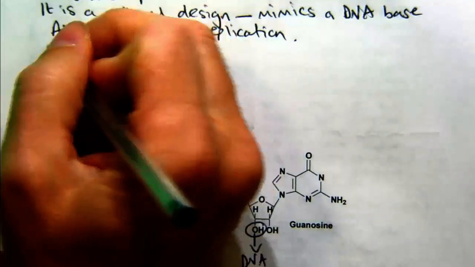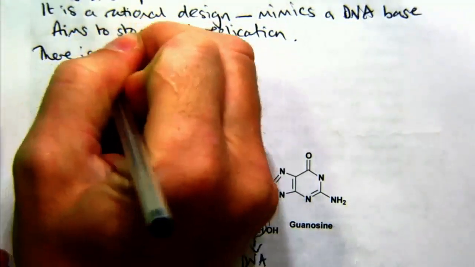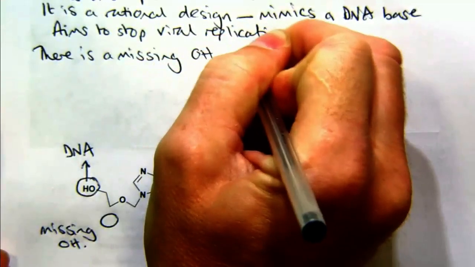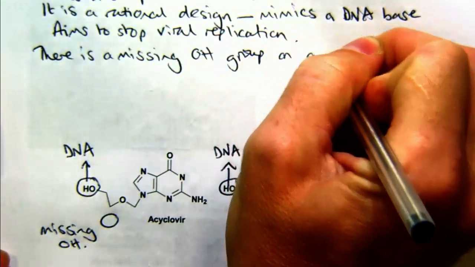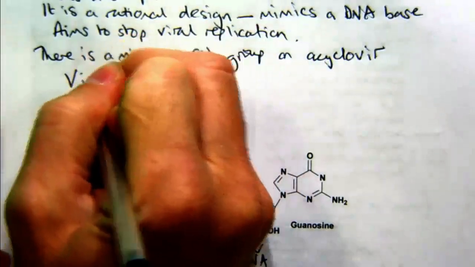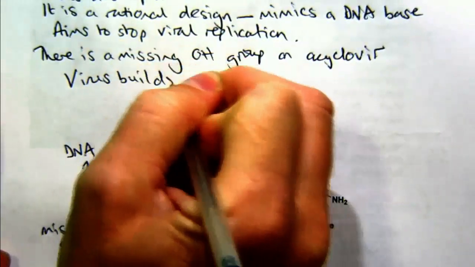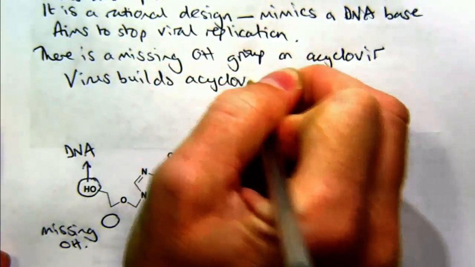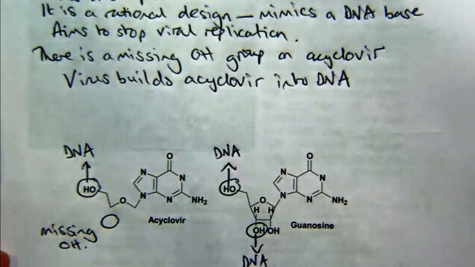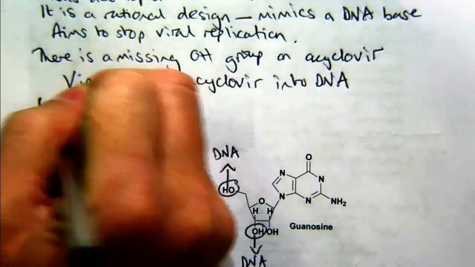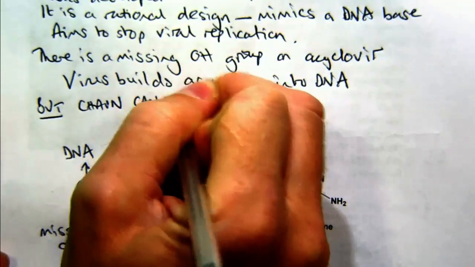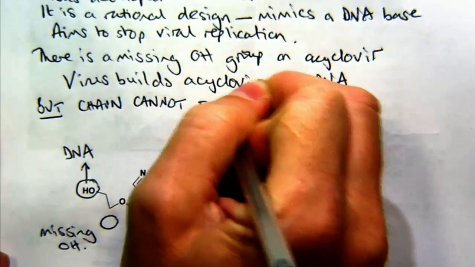We can say a bit more now. There is a missing OH group on Acyclovir. The virus builds Acyclovir into DNA, but the chain cannot extend.